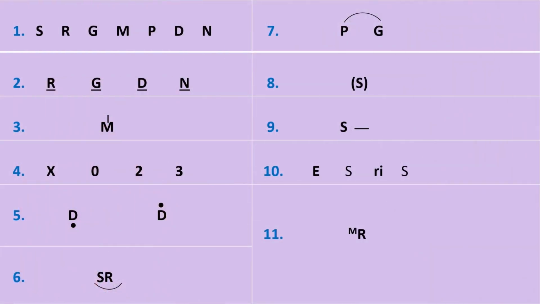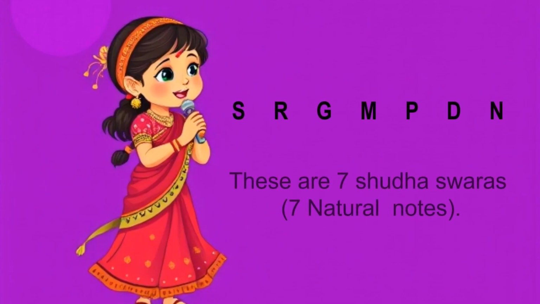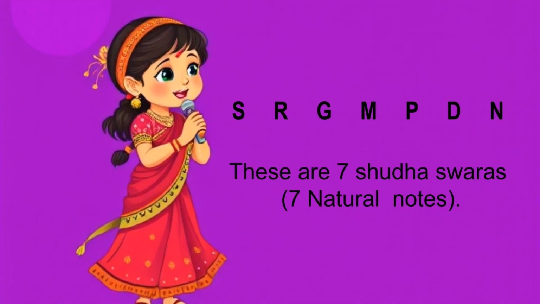Now, have a look at the table on your screen. We will discover and understand each notation one by one. These are 7 Shuddh Swaras or 7 natural notes.